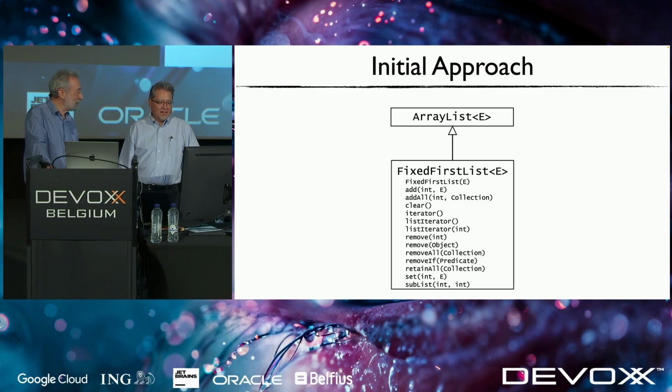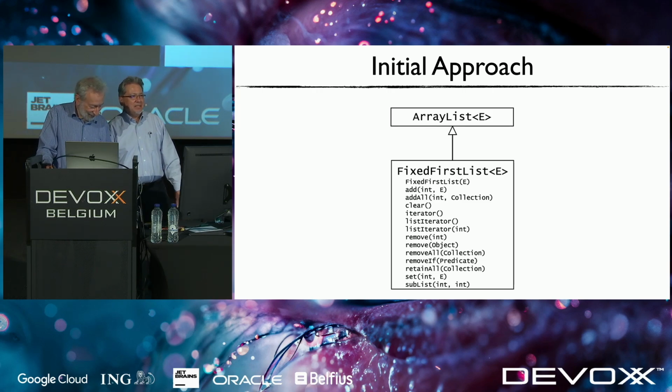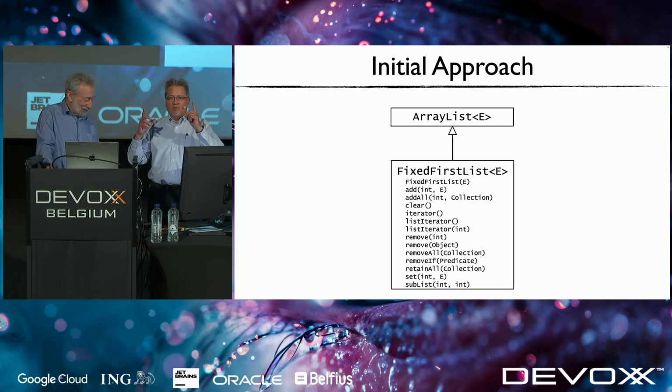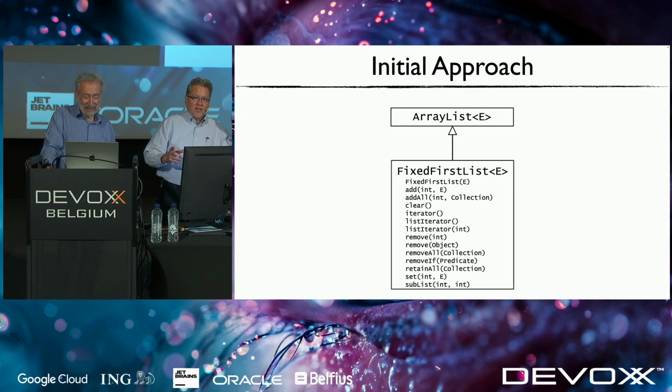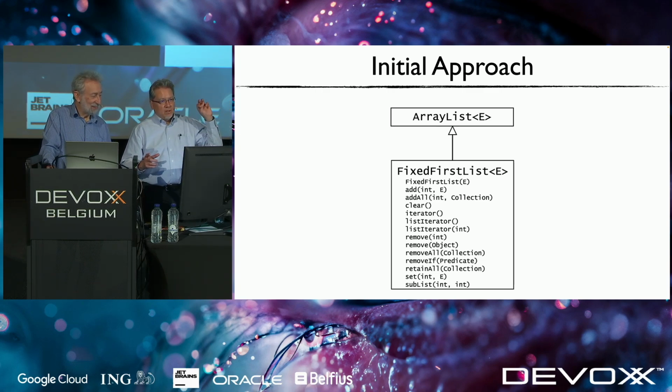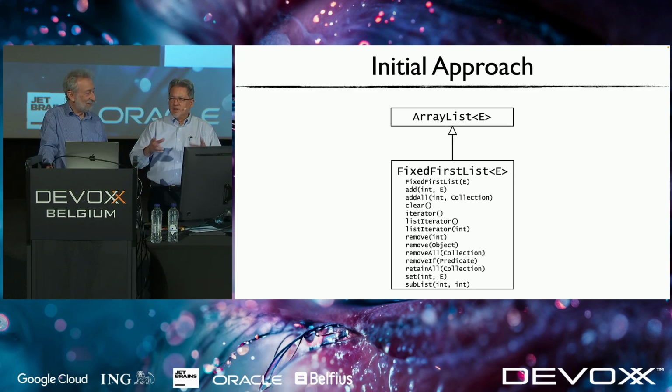Right. Okay. subList. Why do we have to override subList, Stuart? Well, subList is a complicated beast. What subList does is it provides a range of a list based on index, but it returns a view onto the underlying list. You give it two indexes, from and to, and then if you mutate the subList itself, those mutations push down into the underlying list.